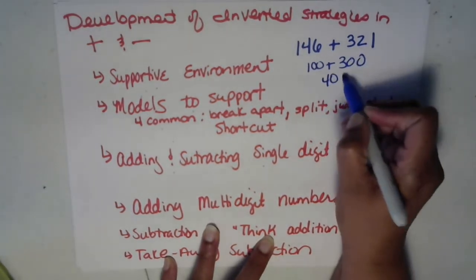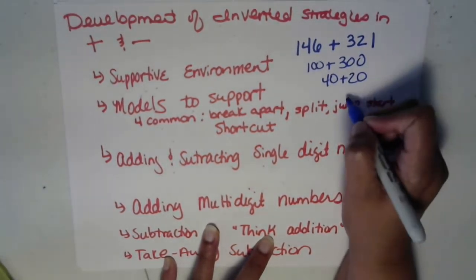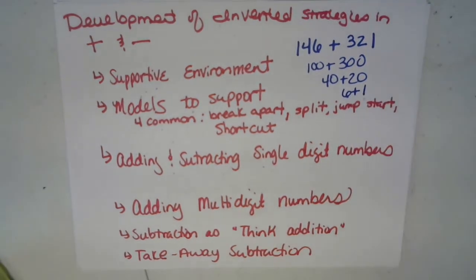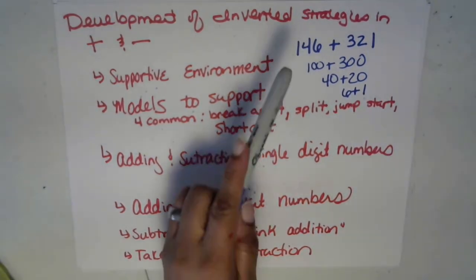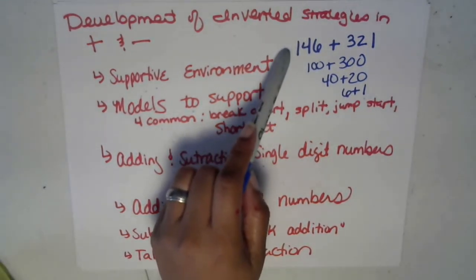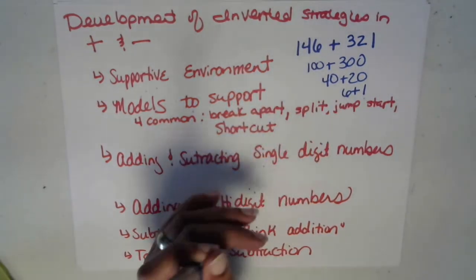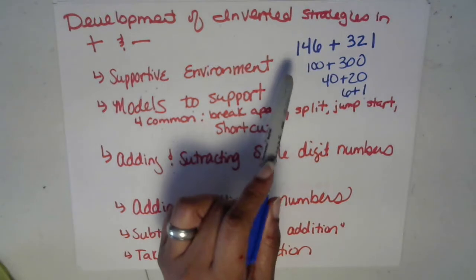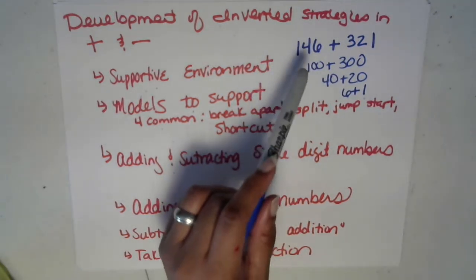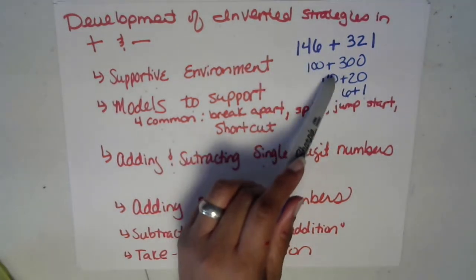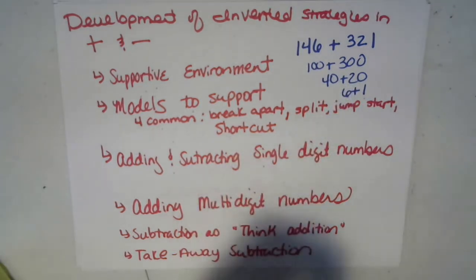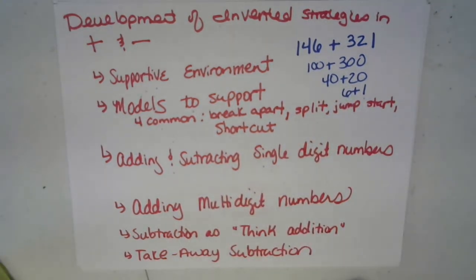Then they are going to add 40 to 20. Then they are going to add 6 to 1. This is a problem that you would have thought you couldn't do mentally. But if you look at it, breaking it apart like this, starting left instead of right, 467 can be done mentally. See, there's something to that.